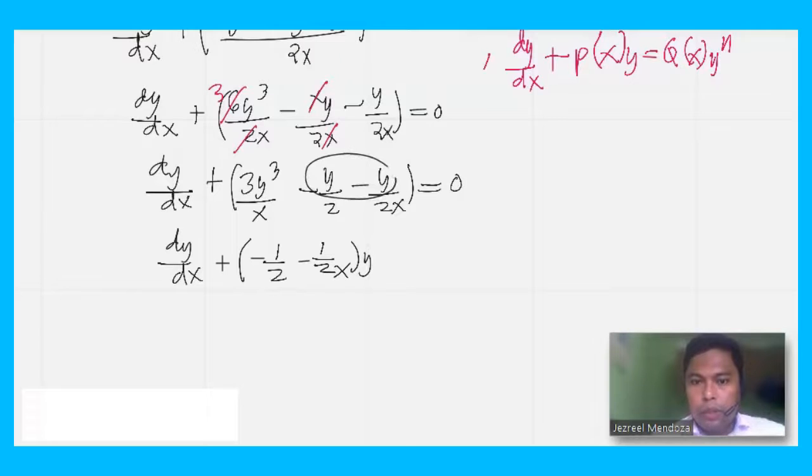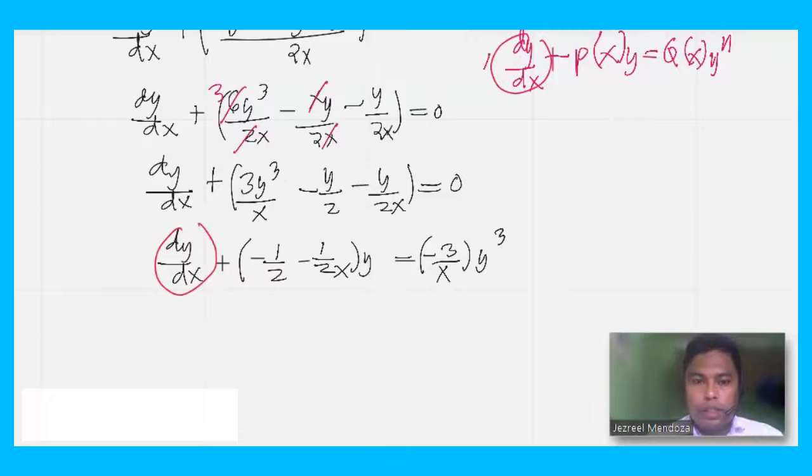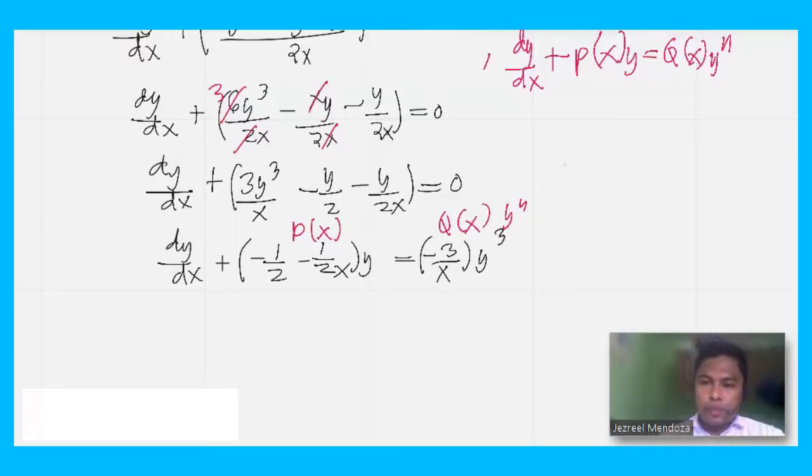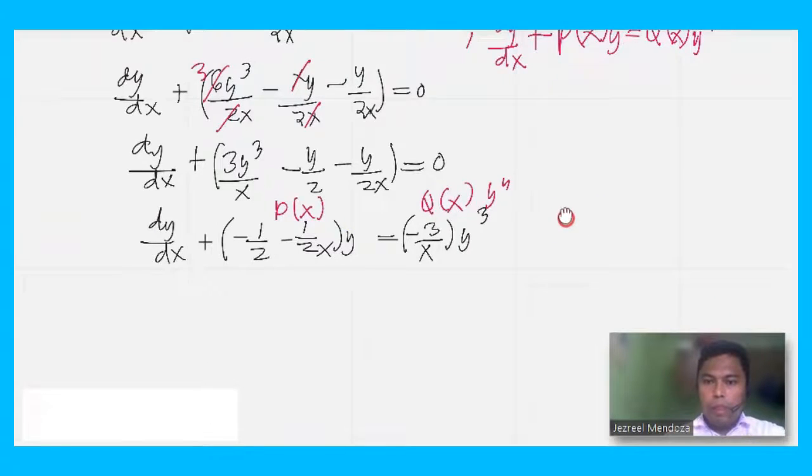Okay, this one, factor out y, is equal to, let's transpose this, negative 3 over x times y cubed. From that, this one is dy over dx, and this whole is our P of x, and this is our Q of x, and this is our y to the n. So therefore the equation now is a Bernoulli equation.